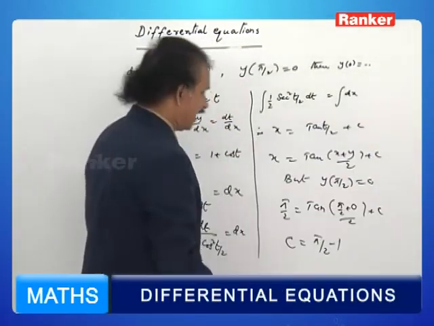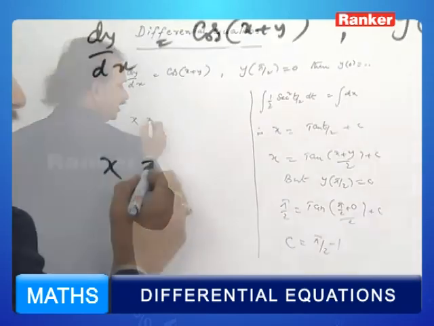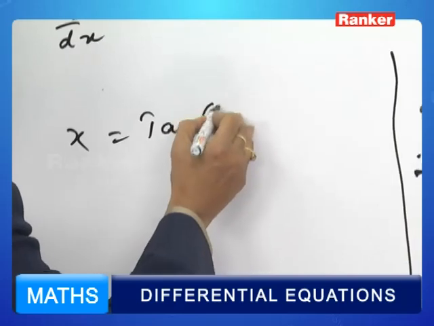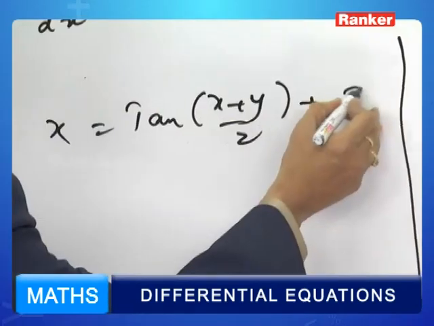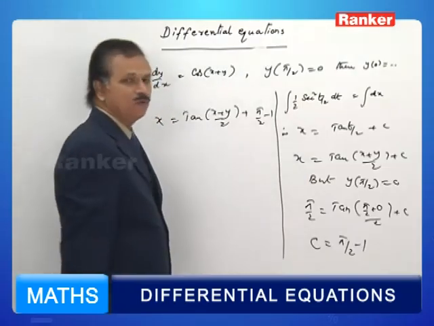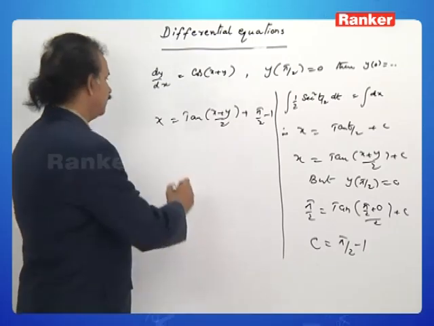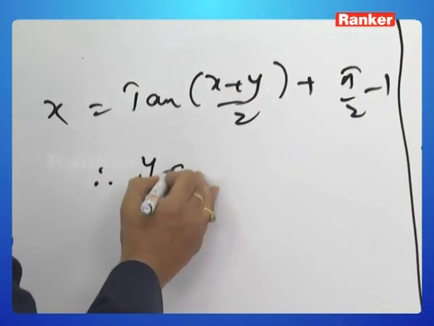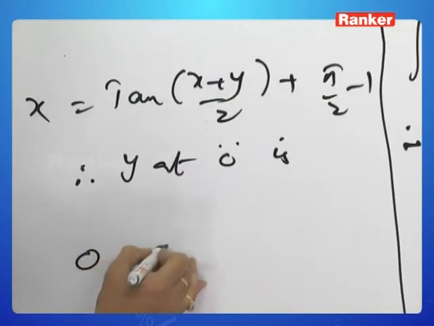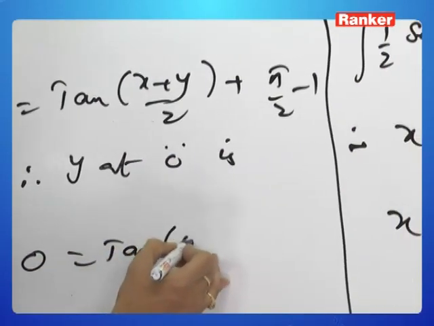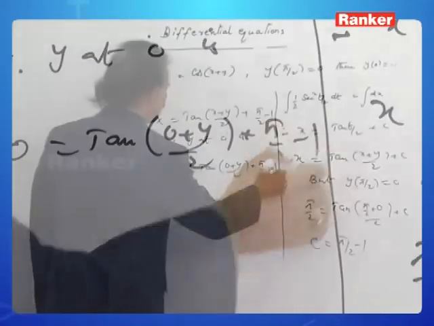The next part. Hence, the reframed solution becomes x = tan((x + y)/2) + π/2 − 1. Now, what is the actual question? We are supposed to have y at 0. Therefore, at x = 0, 0 = tan(y/2) + π/2 − 1.